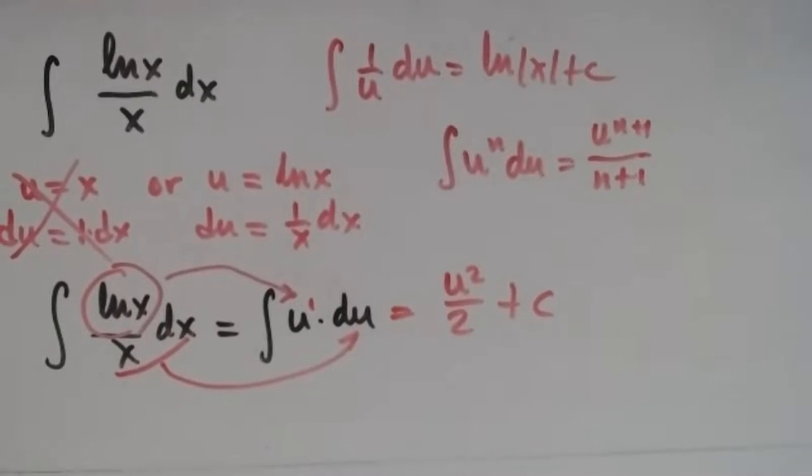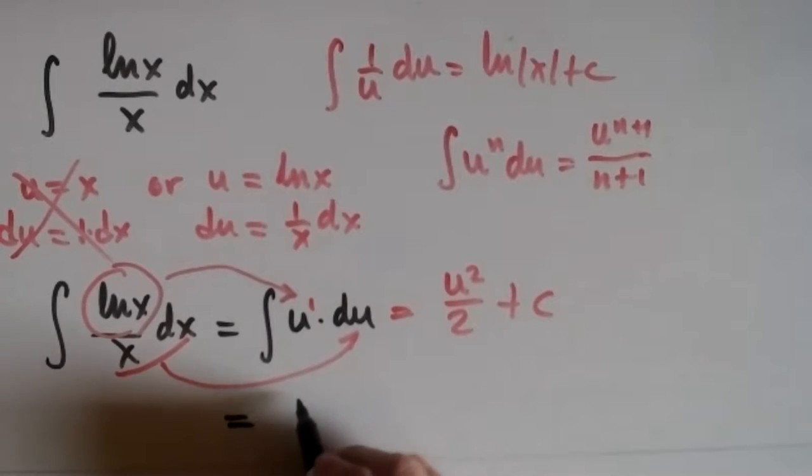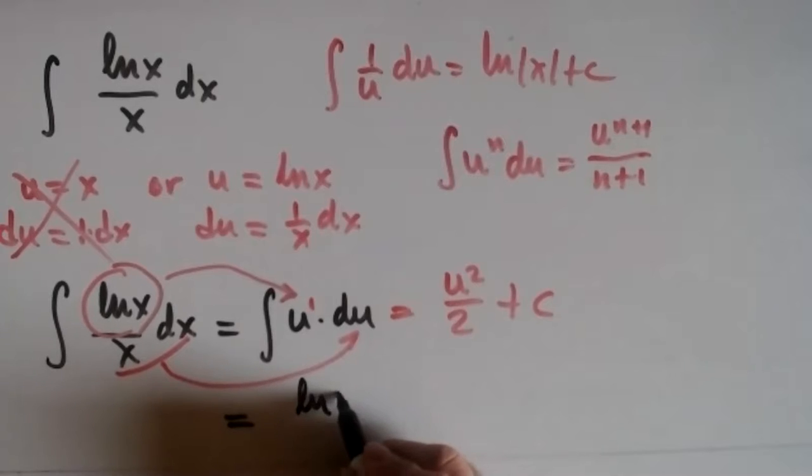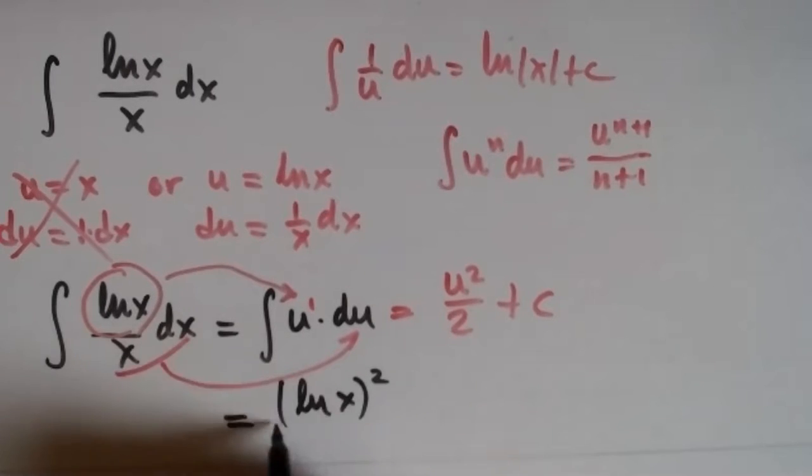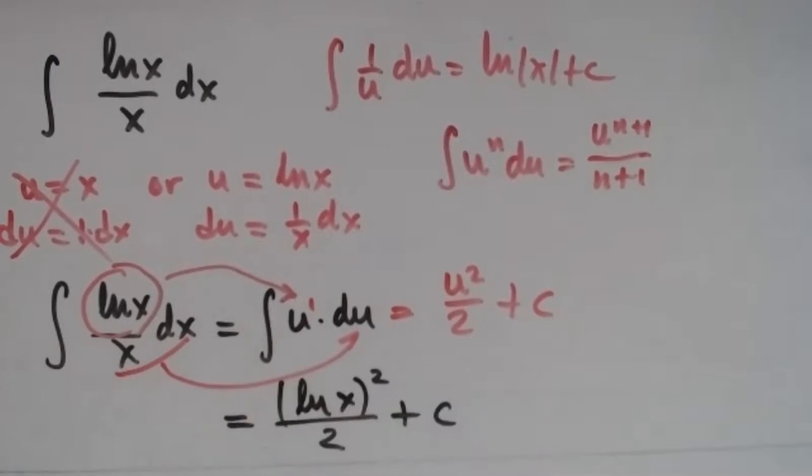Now the only thing I have to do is substitute the u value. So this integral is going to be ln x squared divided by 2 plus c, because it was u squared over 2.